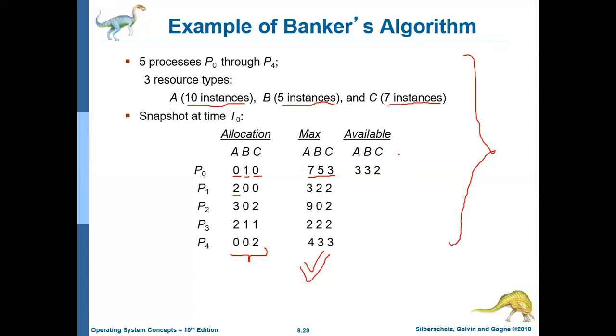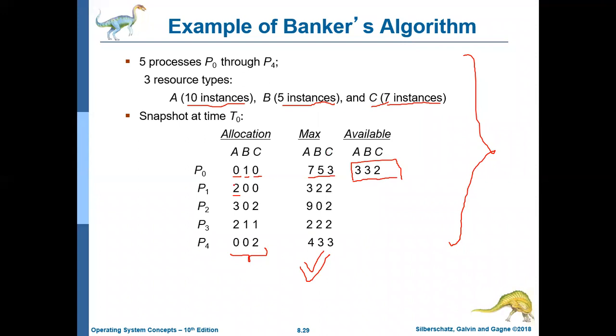Now, the available one. If the available matrix was not given to you, you can find it yourself. How? Let's check. How many A are there? 10. B 5. C 7. How many of them are already allocated to processes?